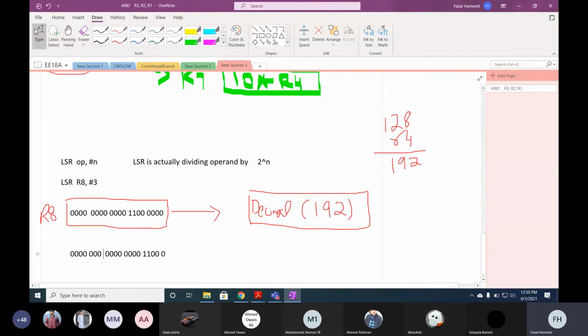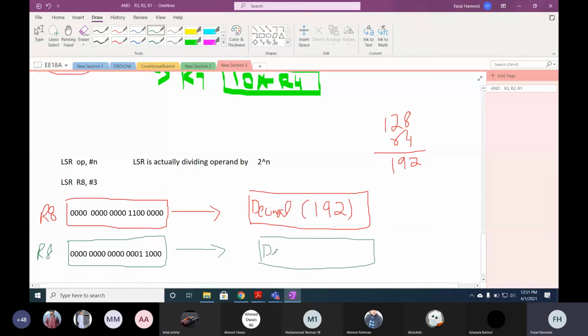Now you can rearrange the data, and this is the new contents of R8. What will be the new contents of R8 in decimal? 8 plus 16, 24.